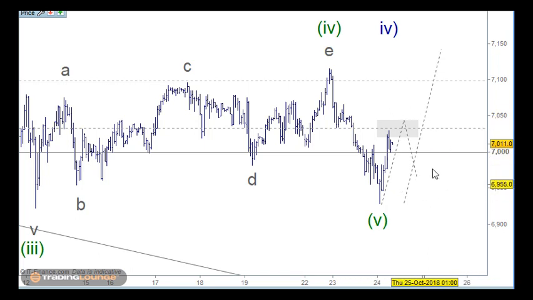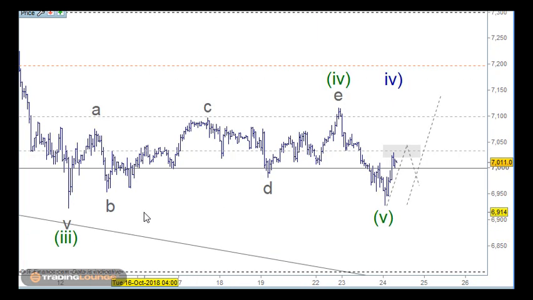I also want this to play out for another session, which will give us the Friday video to pick this up. On the US markets, it does appear that this move up here is impulsive, so we can move up, pull back, and then move up again from that point. So keep an eye on the US markets because they will drive this.